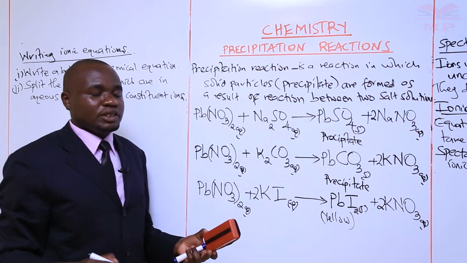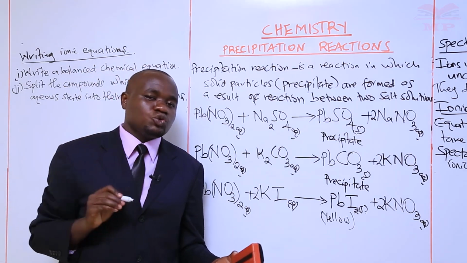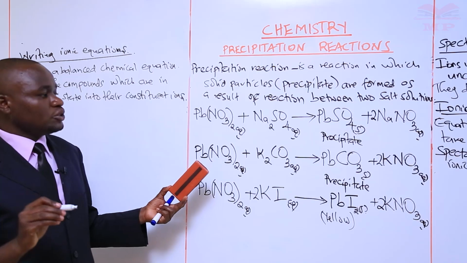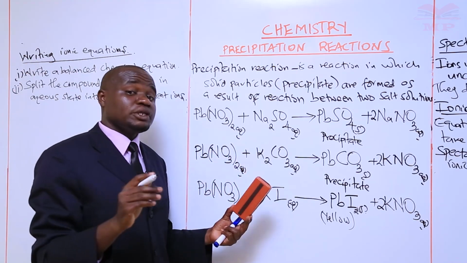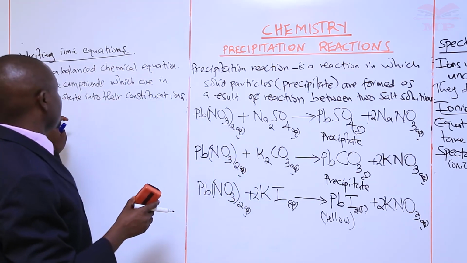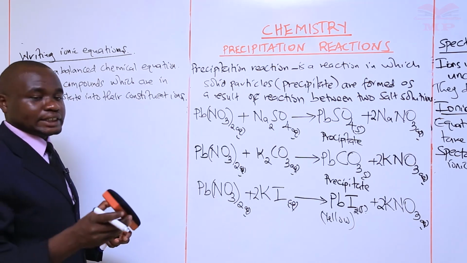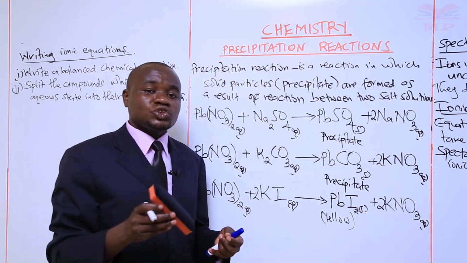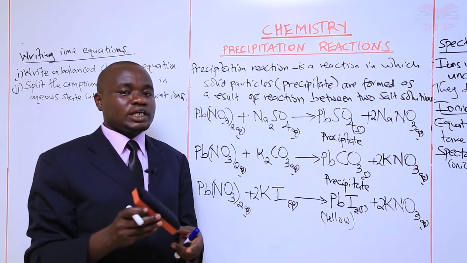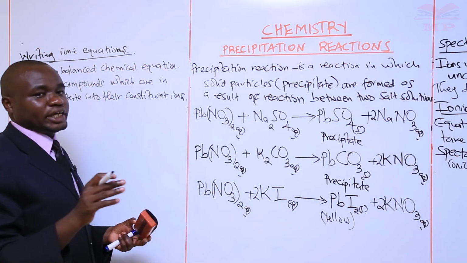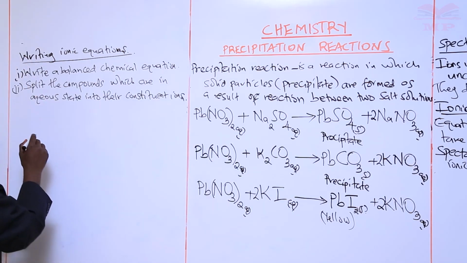That's why we are saying it's very important you have the chemical equation so that you can tell which compound you are going to split its ions. Remember, the condition is here, you only split those compounds which are in aqueous state. If the state symbol is solid, liquid or gas, then you don't split the ions when writing the ionic equation.